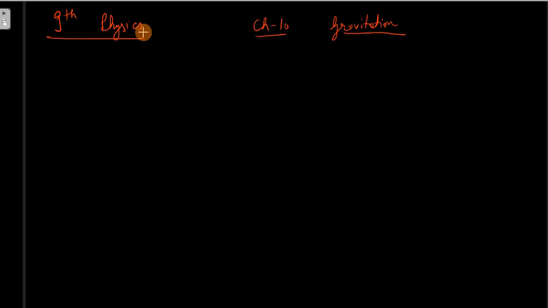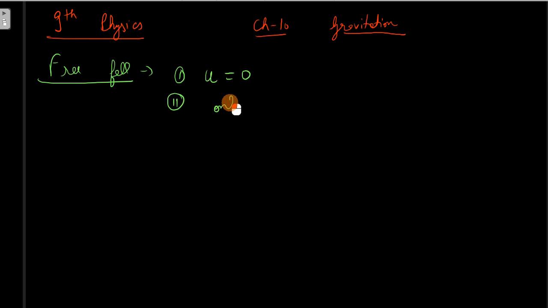So the next topic of this chapter is free fall. What do we mean by free fall? There are two conditions for free fall. First, initial velocity needs to be 0, and second, only the force of gravitation acts on the object.